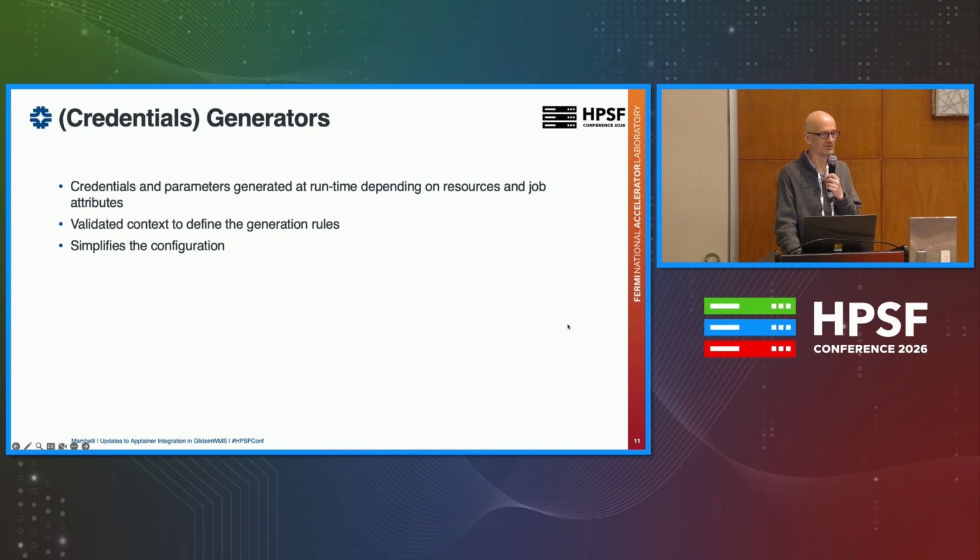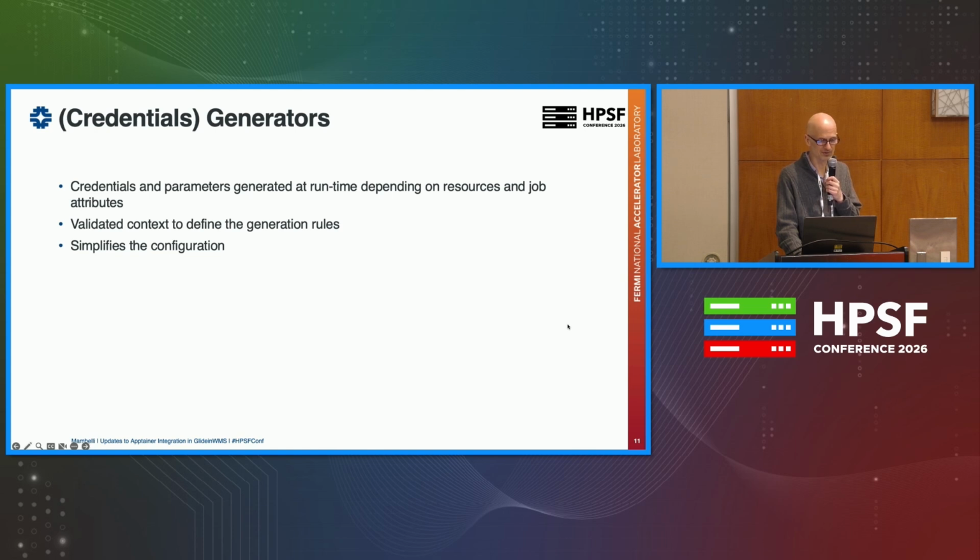Generating all of them for all the sites all the time would be very time consuming. So dynamically, depending on the sites used and what they need, the credentials are generated. And the rules to do that and the context are defined in the configuration.